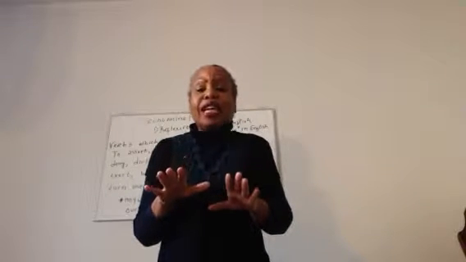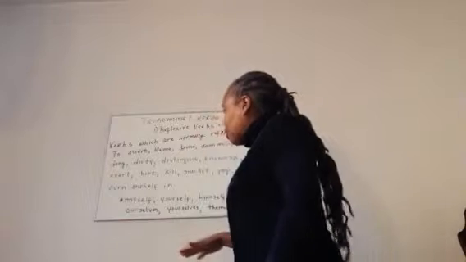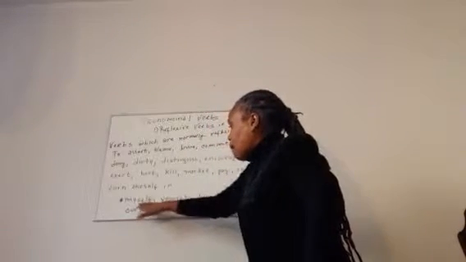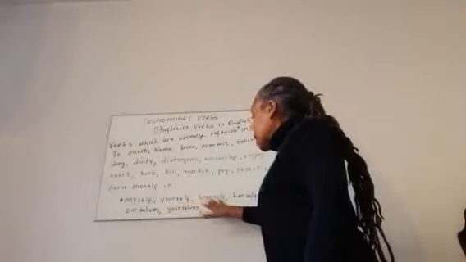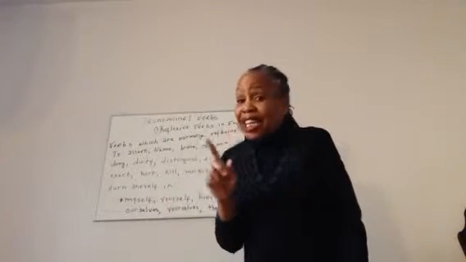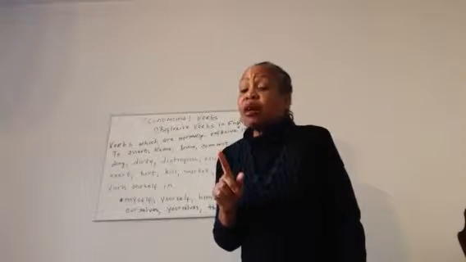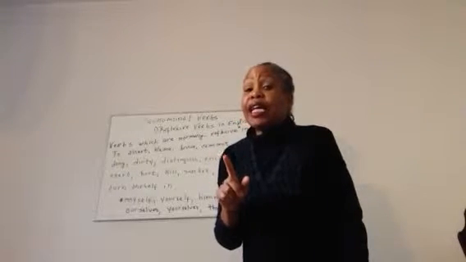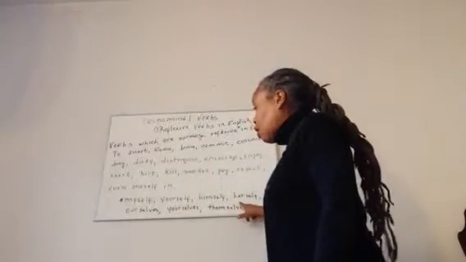Okay, now pronominal verbs are verbs that take the reflexive pronoun. Okay, and the reflexive pronoun in English is myself, yourself, himself, not his self. A lot of Americans say his self. That is incorrect. It's himself, herself.